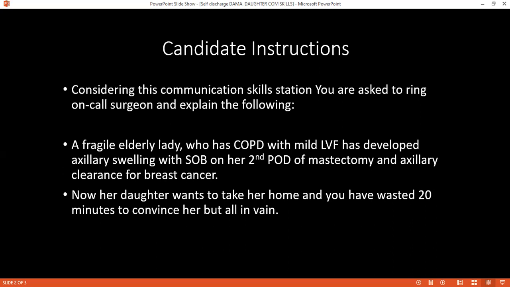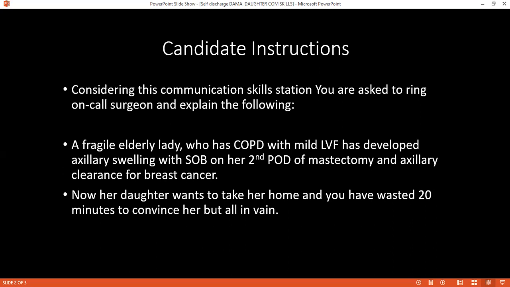So I will try to convince her, but if they do not agree, then I will ask the patient to sign a document, and I will tell her all the consequences of leaving the hospital. And what would these consequences be? The consequences may be bleeding, a breathing problem due to pulmonary embolism that can exacerbate, heart problems, and maybe even death of the patient. I will tell all these things to the patient.